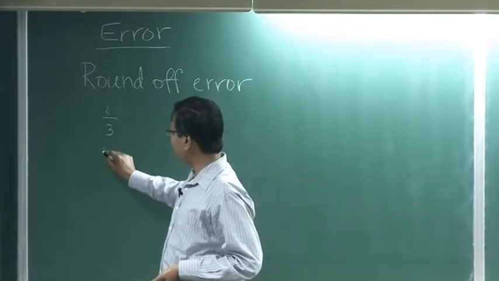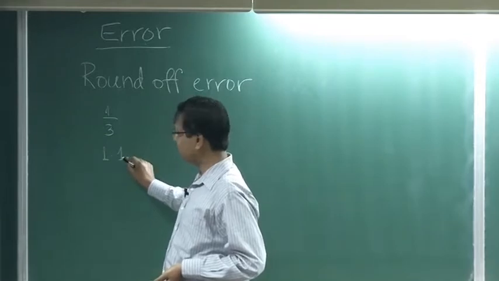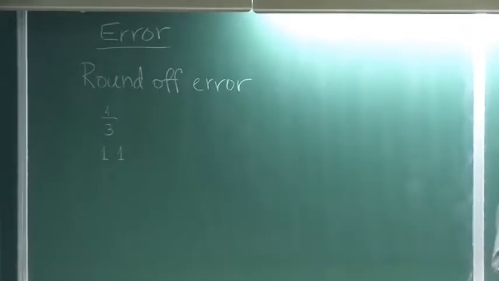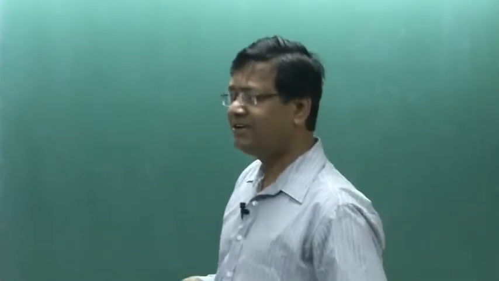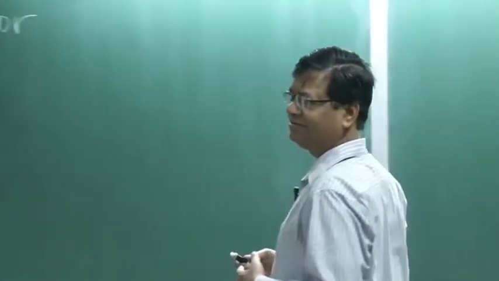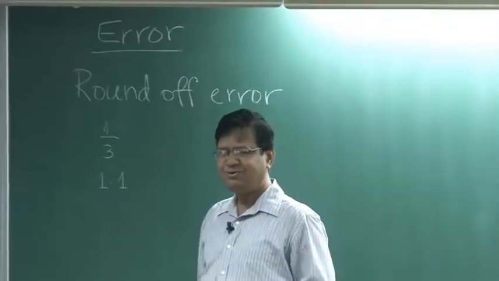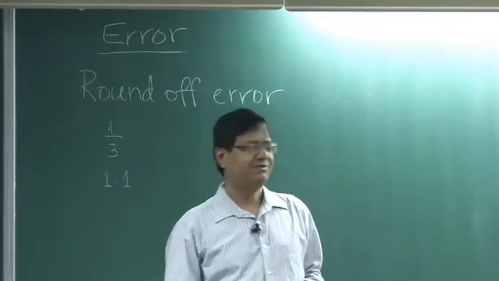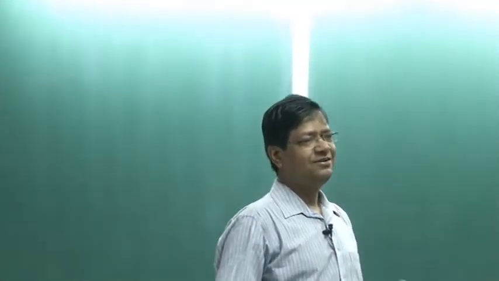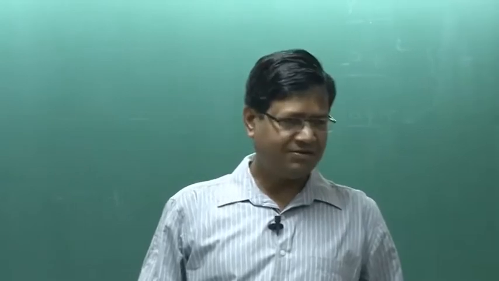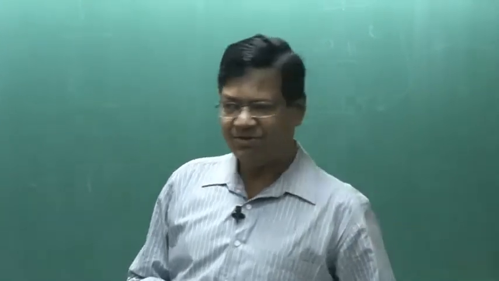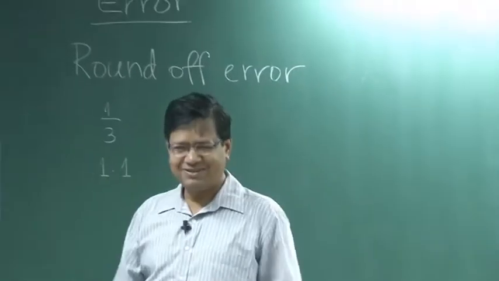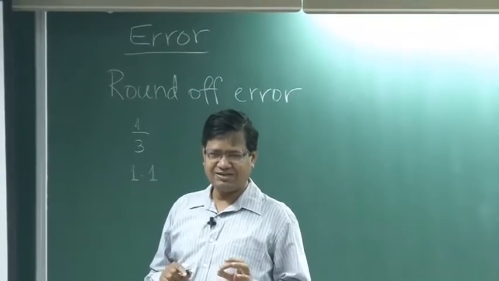But the example I gave you, like 1.1, is quite okay in decimal. There are only 2 digits, but in binary it cannot be exactly represented. We did some examples. These are curious examples which tell you that very few numbers can be exactly represented in a computer. Very few, of course, means they are a large number, but there are even larger numbers which cannot be put in the computer accurately.